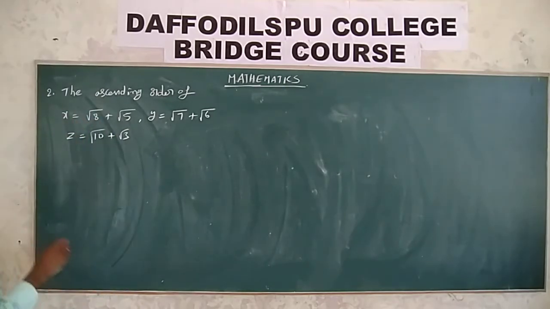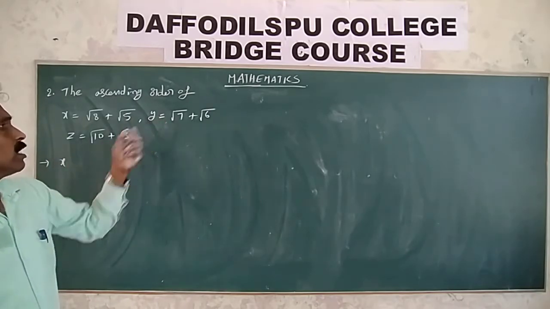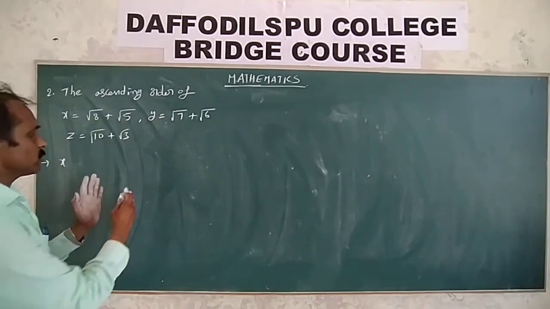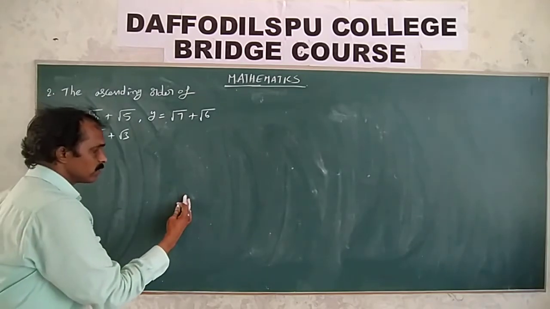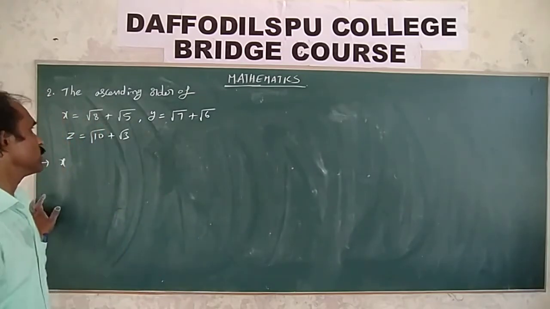Okay. Ascending order means arranging like smallest value next to highest value, like that we arrange.